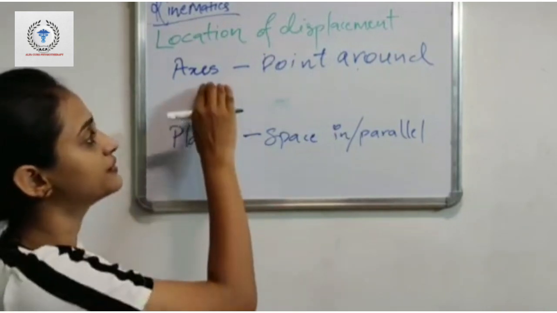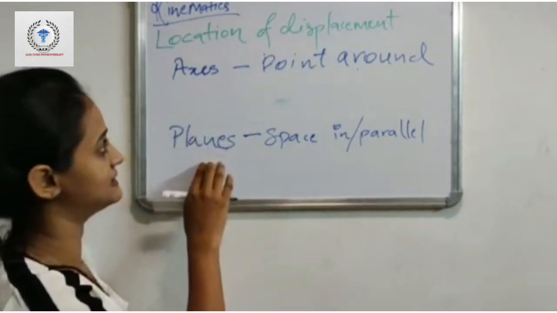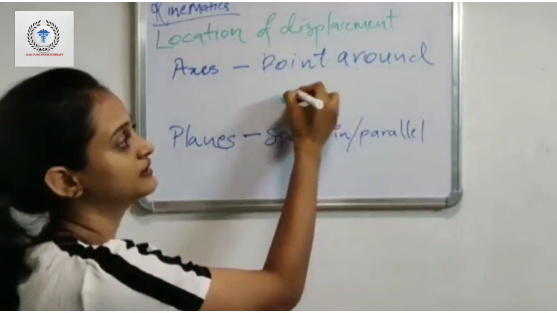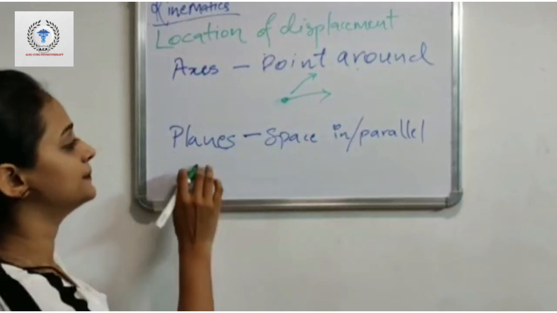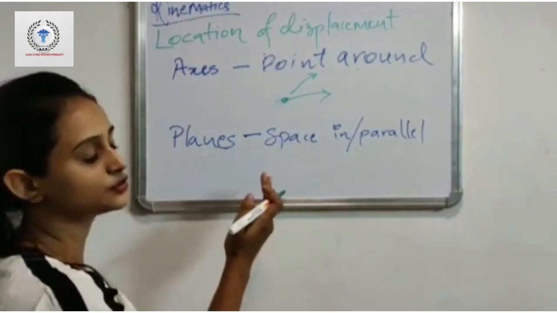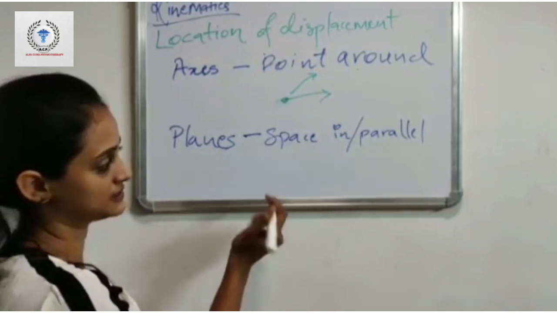Next we are going to study location of displacement. In this you have to remember 2 things, that is axis and planes. Axis is nothing but a point around which a movement will take place. Plane is nothing but a space in or parallel to which the movement will take place.